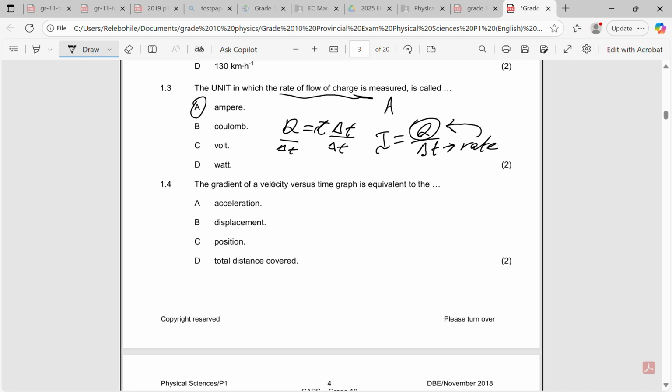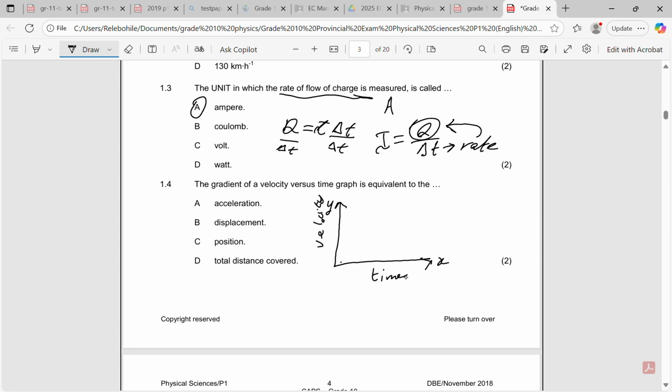The gradient of a velocity versus time graph is equivalent to what? Let's draw our velocity versus time graph. This will be our y, this will be our x.